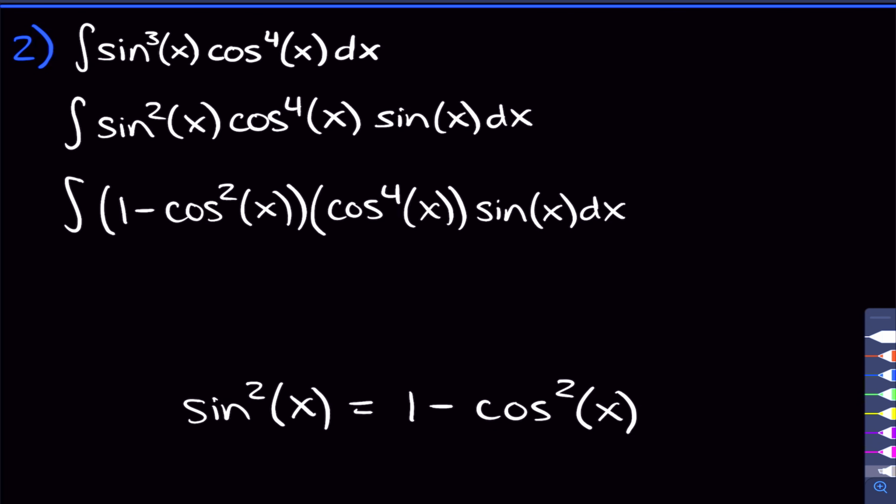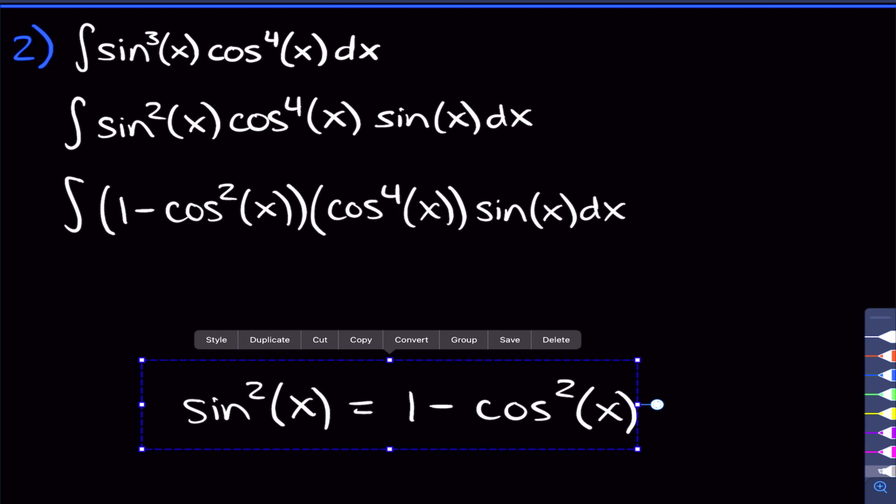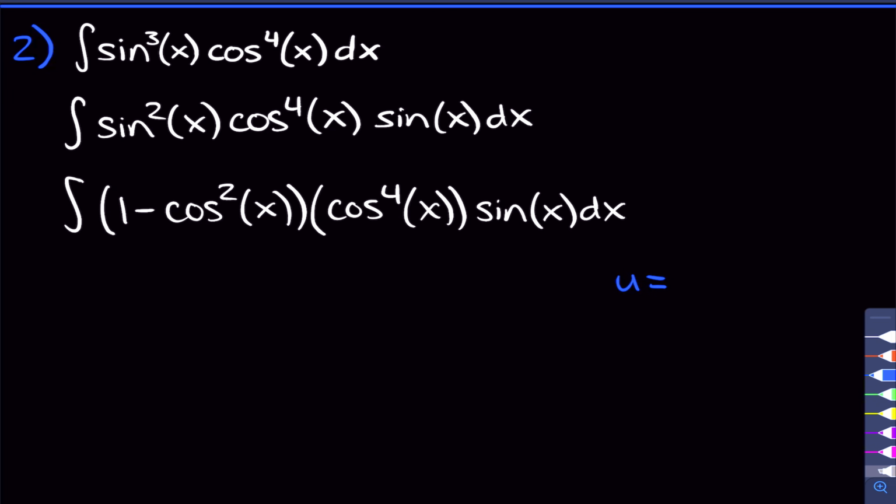Okay, so now we're all set up to make our u substitution. u is going to equal cosine of x. And du is not going to quite be sine of x dx because the derivative of cosine is negative sine. So du is negative sine of x dx. Okay, so let's see how this cleans up the integral.